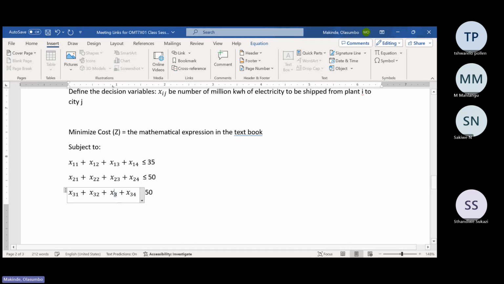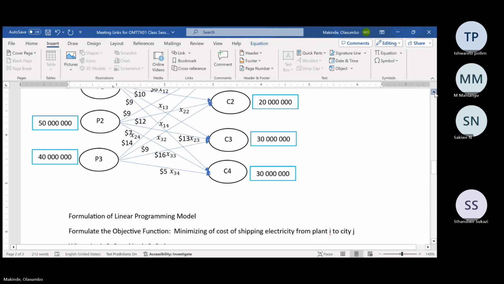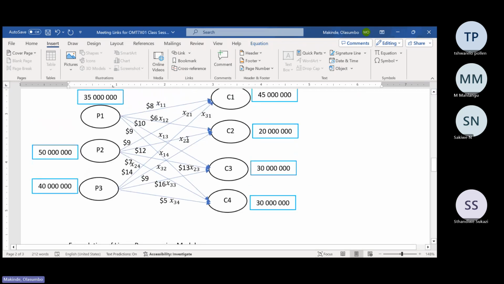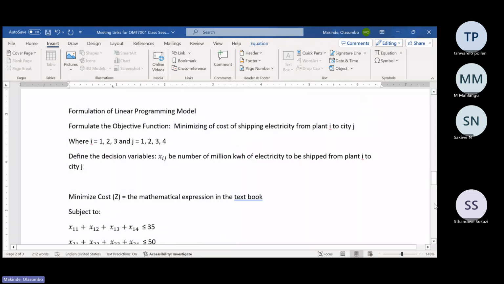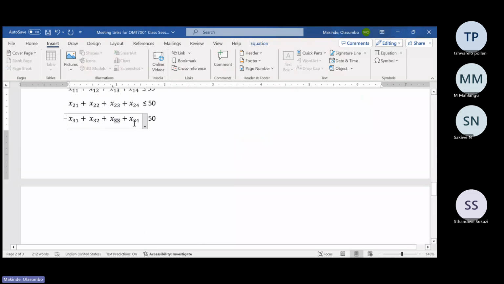As you can see in the network, it is 31, 32, 33, 34. 31, which is that arrow, 32, which is the second arrow, 33, 34, should not exceed 40 million. Then in that case, you are going to have less than or equal to 40.